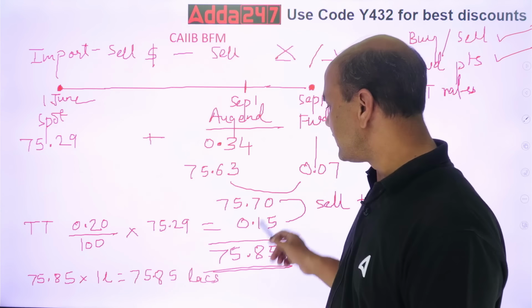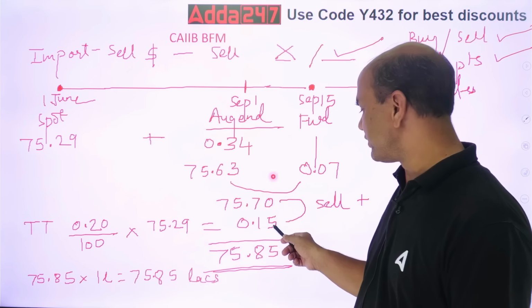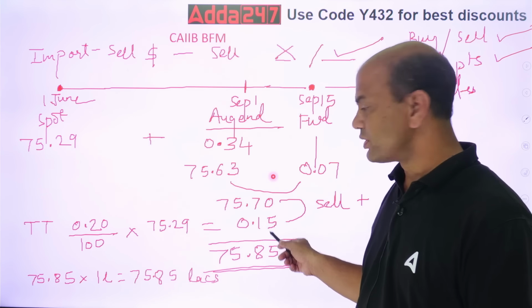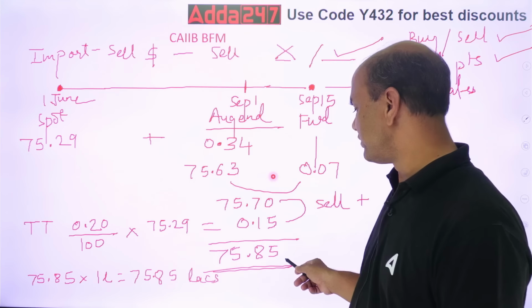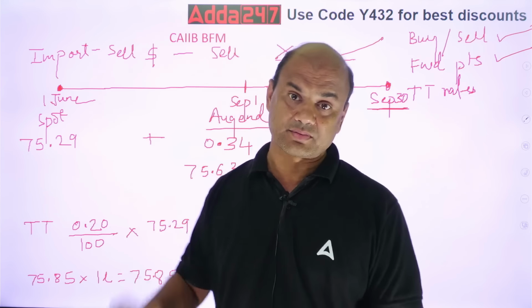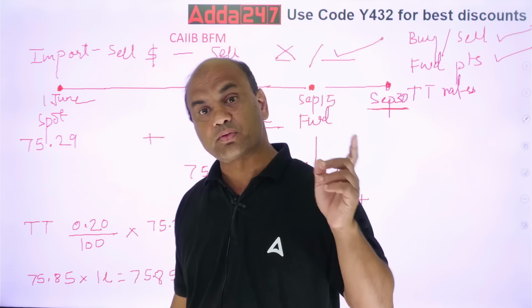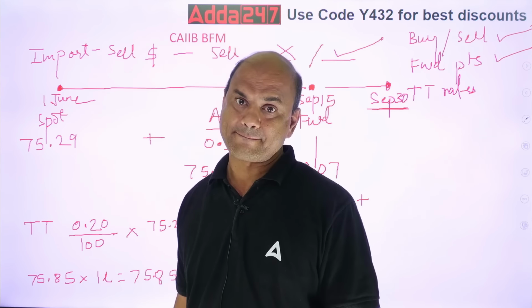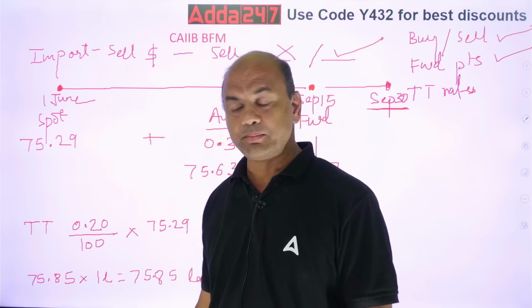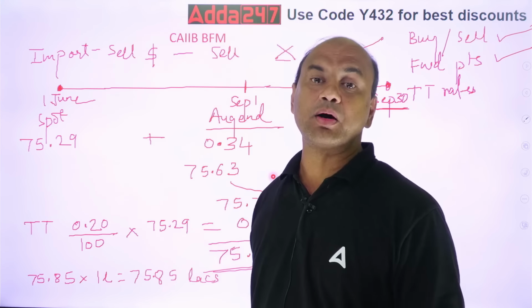Now add it then. 75.70, you got this answer, plus 0.15. So it is 75.85. This much is the rate to be quoted to the customer for the import. Suppose I ask you what is the amount?